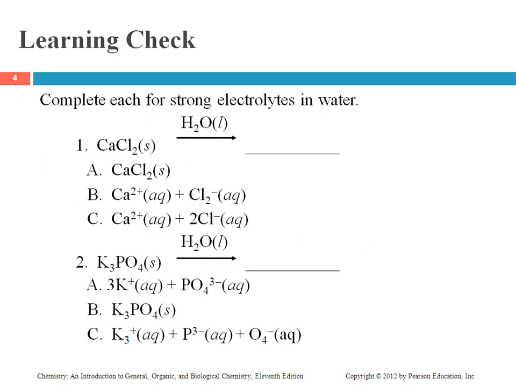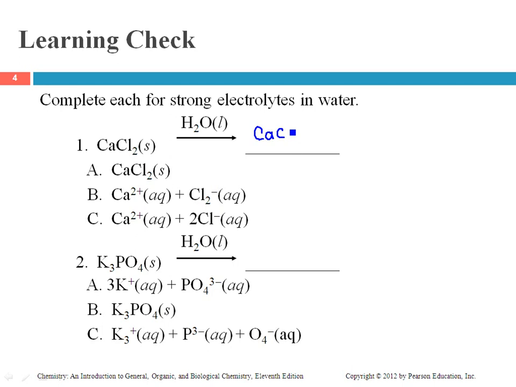If we were to write out the equation for a strong electrolyte in water, the key is that we have 100% dissociation into its constituent ions. We've got an A, B, and C answer here, but we're going to work the problem together.